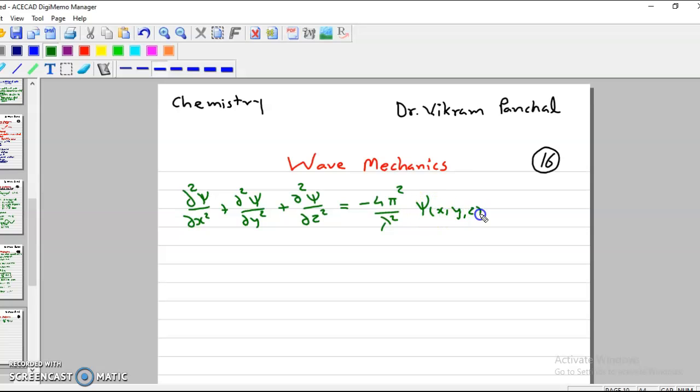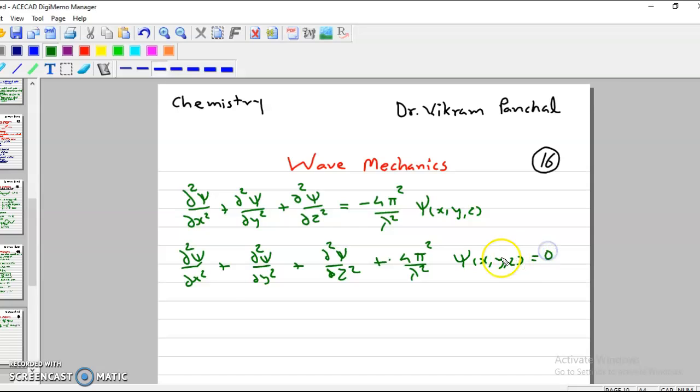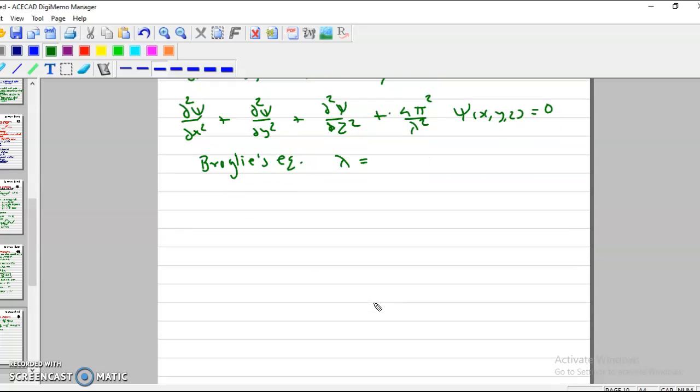Or del squared psi upon del x squared plus del squared psi upon del y squared plus del squared psi upon del z squared plus 4 pi squared upon lambda squared psi(x, y, z) is equal to 0. Now here we have lambda. According to de Broglie's equation, lambda is equal to h upon mv.